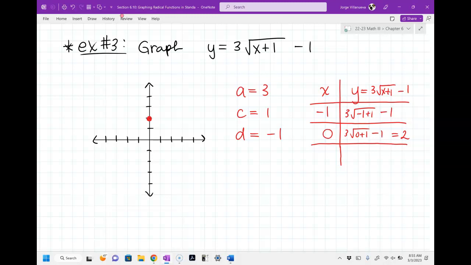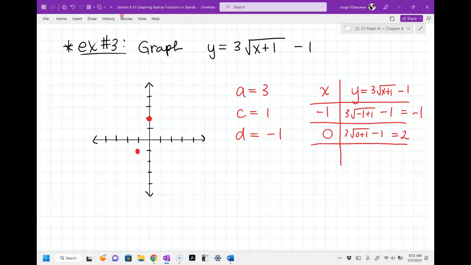So I haven't broken any rules. 0 times 3 is 0. And 0 minus 1 is -1. Now, why would I do that? I'm sorry, -1, -1. I put +1. That's a mistake here. -1. Right there.